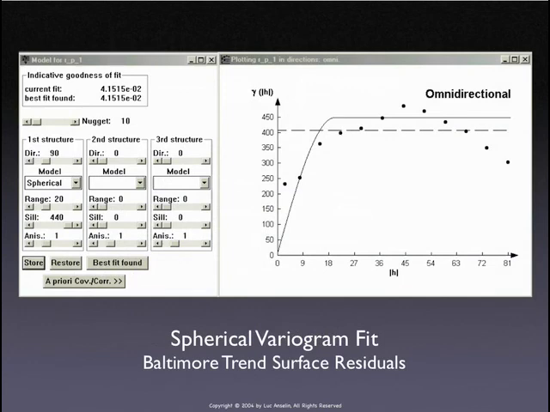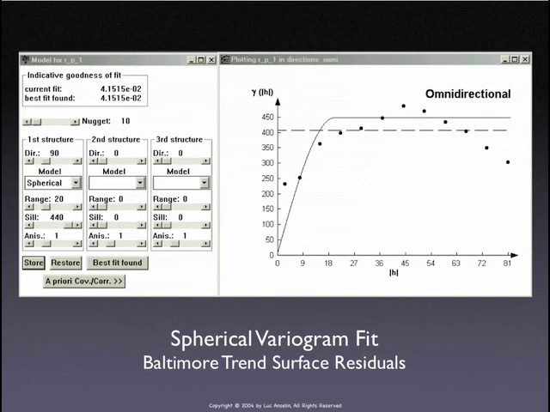We'll actually be using different software in the lab, but this is something that's been around for a while. It's VarioWin. And essentially what you do is you have these observations, these points from the variogram, and then you fit. You set the range, you fit the model, you set the sill, and you set whether it's directional or not. In this case, there's no directional effects. You set the nugget, and then you go, and it fits this curve.